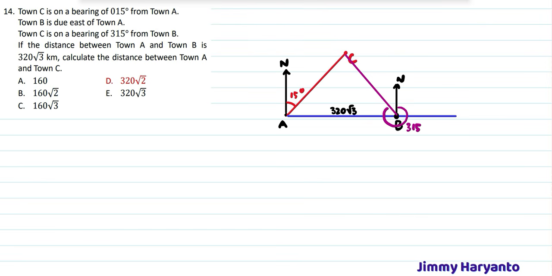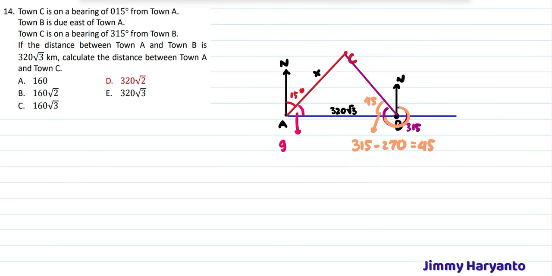The question wants you to find this one, the x. So first I think I will need this angle. This angle will be 315 minus 270, because this one is 270. That means you have to subtract, which equals 45. So this one is 45 degrees. And next, I also want to find this.